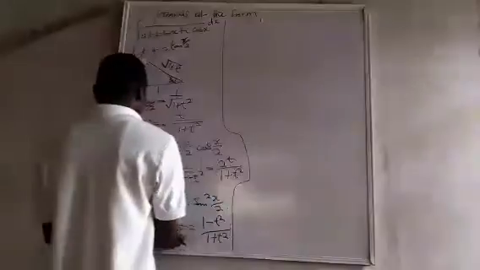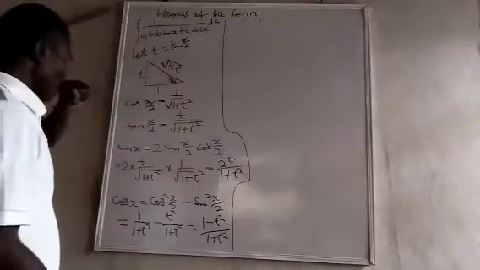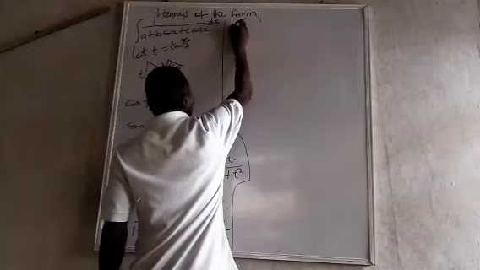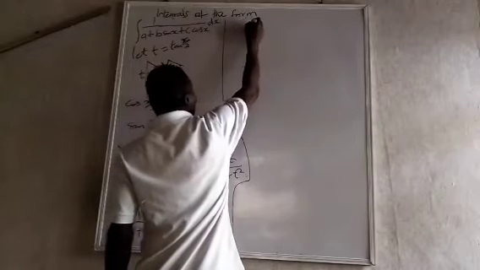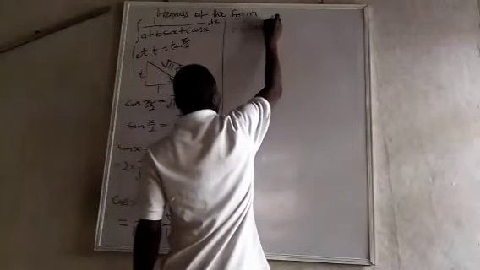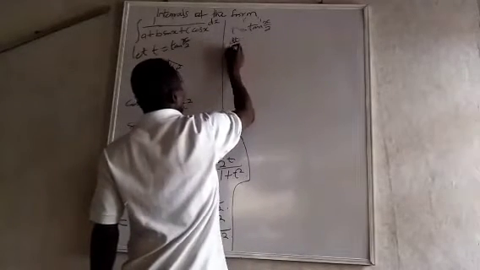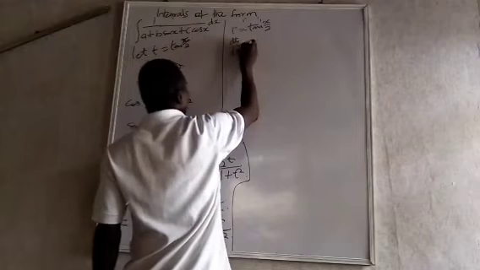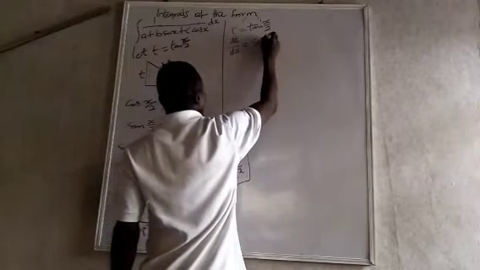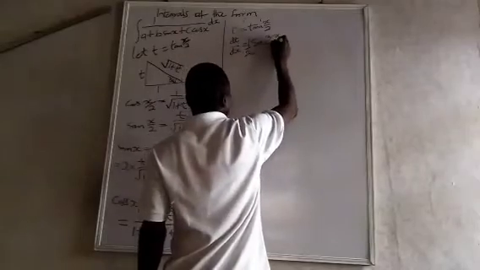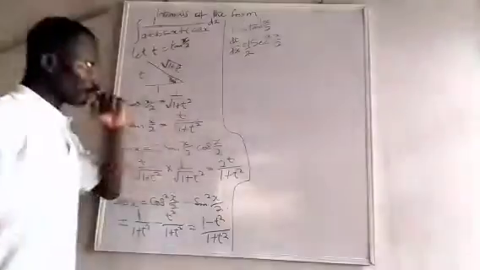Now, we have gotten this. Let us now see what our dx will be. So, we have t equal to tan x over 2. So, dt by dx will be equal to half sec square x over 2. You remember?